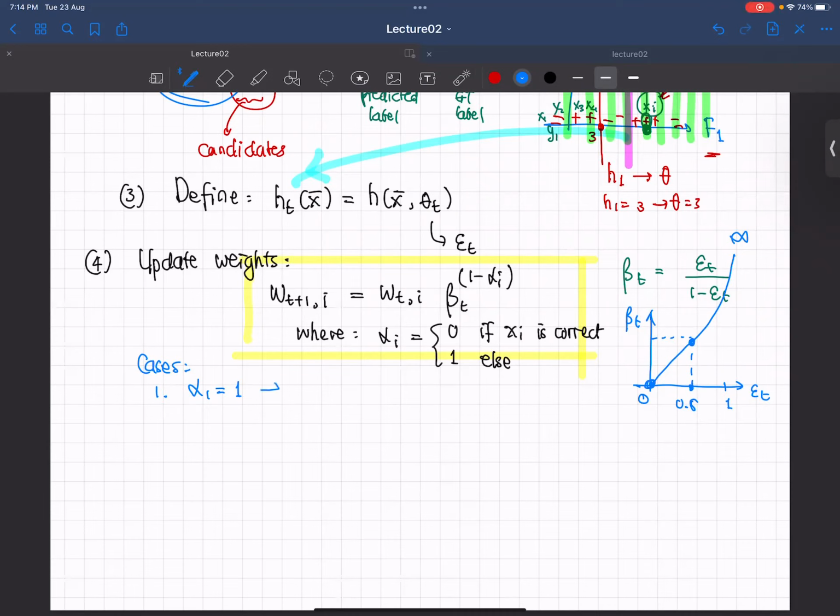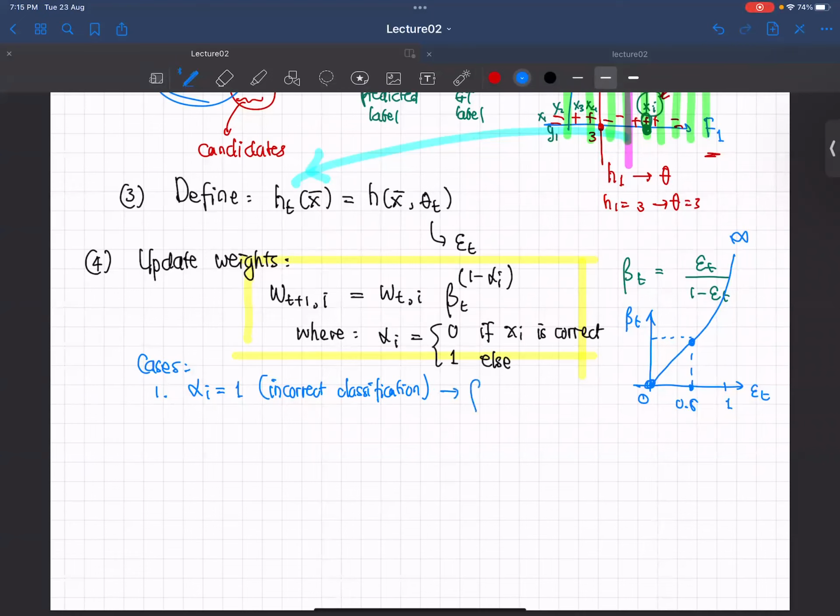What is the implication of this? It is wrongly classified, an incorrect classification. So sample i, x_i, is wrongly classified.